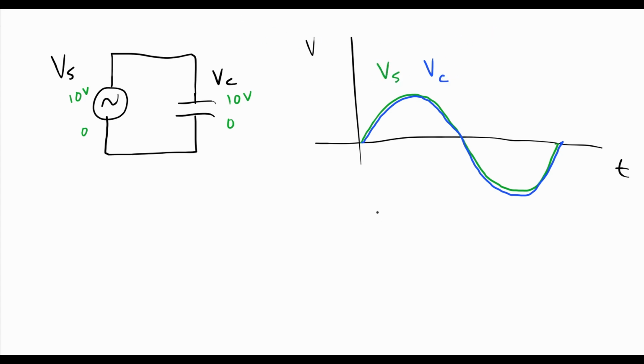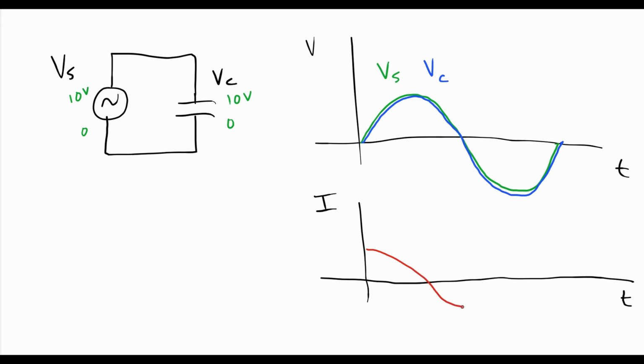But we also said that the current would not be in phase with the capacitor voltage. We said that current had to lead capacitor voltage. And so in this case, current should look like this. And so if you draw them on the same axis, you may see something like this.